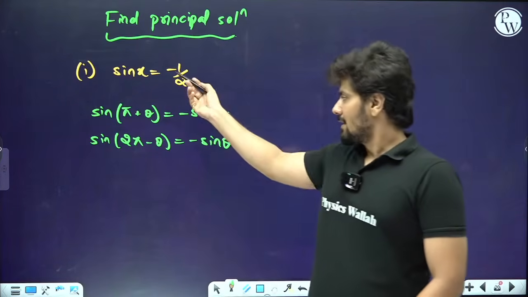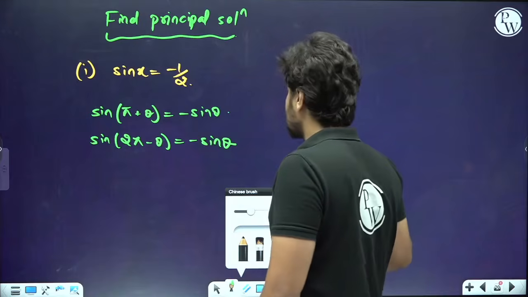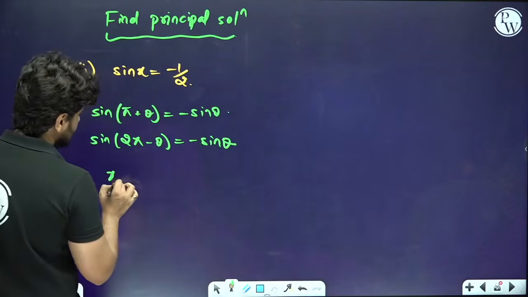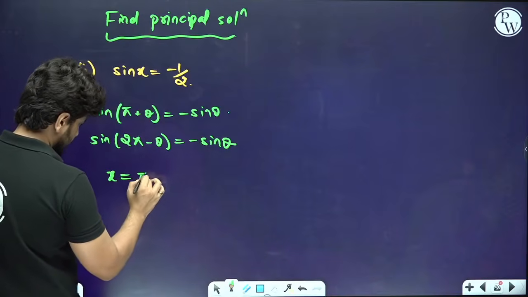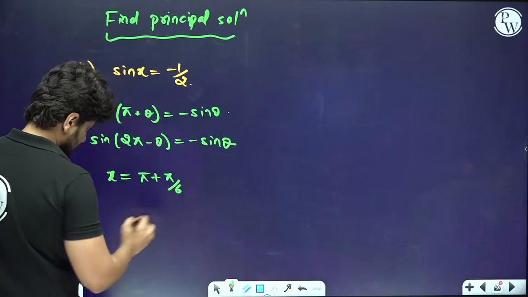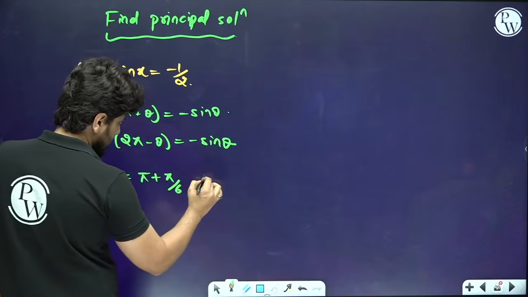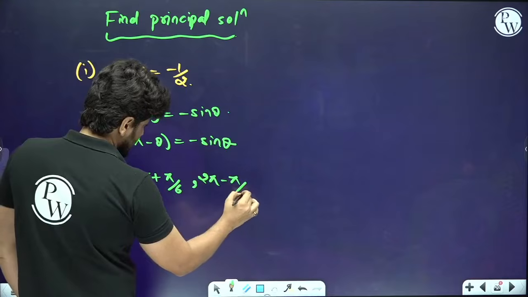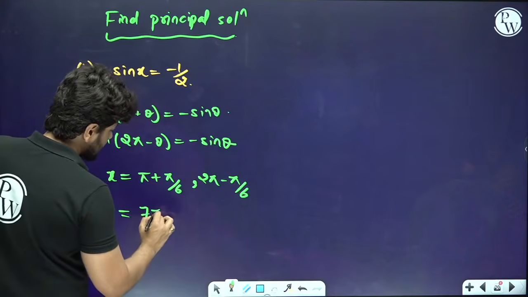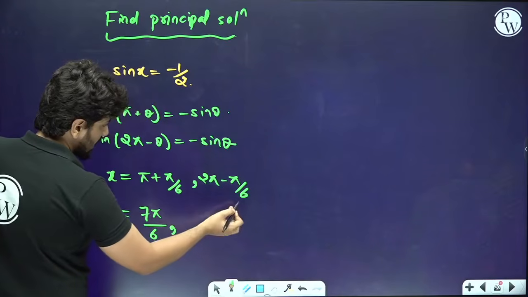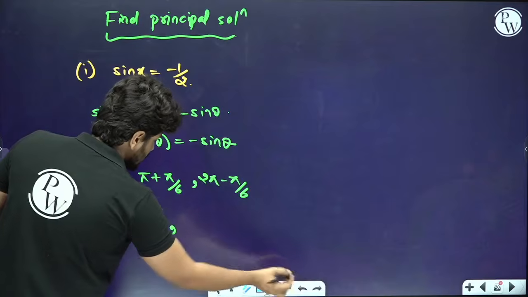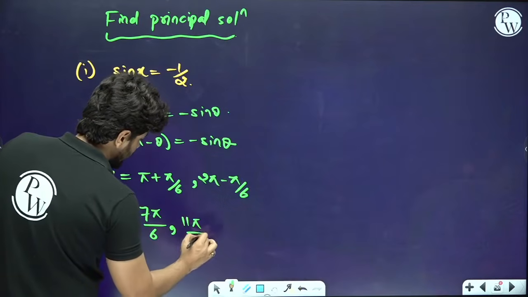So the solution for this equation is going to go like this: x is equal to pi plus pi by 6 and 2 pi minus pi by 6. These are the two solutions, right? Pi plus pi by 6 will be 7 pi by 6, and 2 pi minus pi by 6, if you take the LCM, 6 twos are 12, 12 minus 1, 11, will be equal to 11 pi by 6.